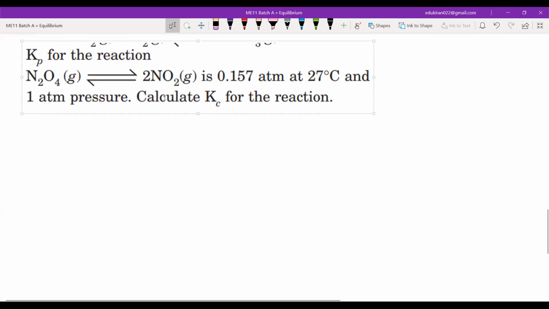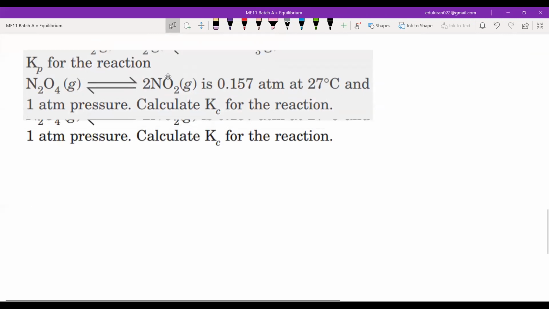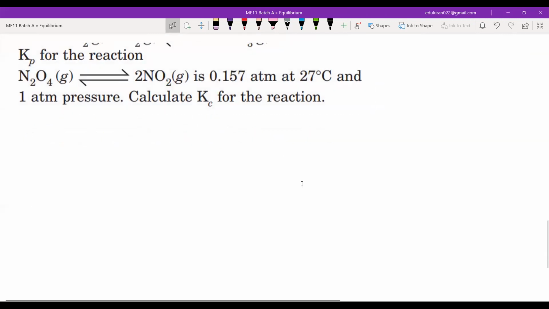This is the starting of the question. There's nothing else. So they have given you KP. They have also given you the pressure at which they're calculating this KP. They have given you the reaction, and they're asking you to calculate the KC. Okay.